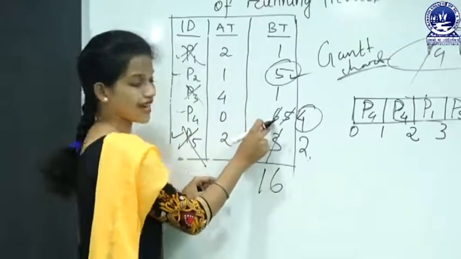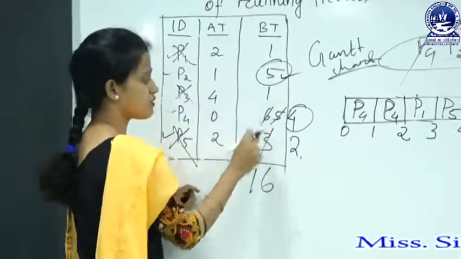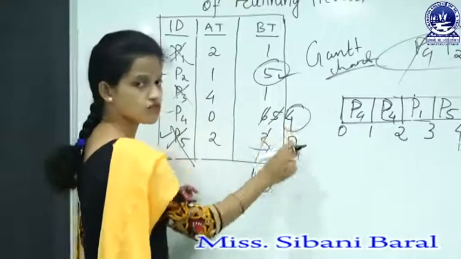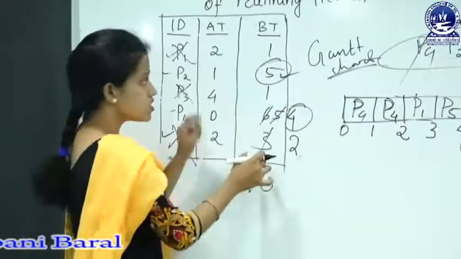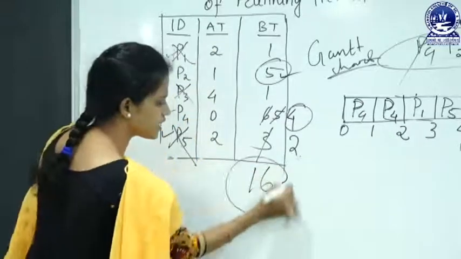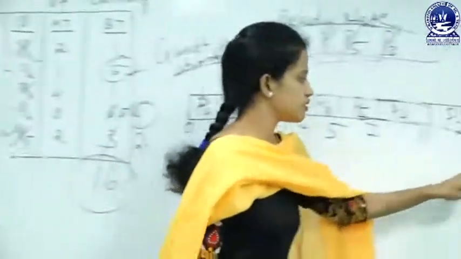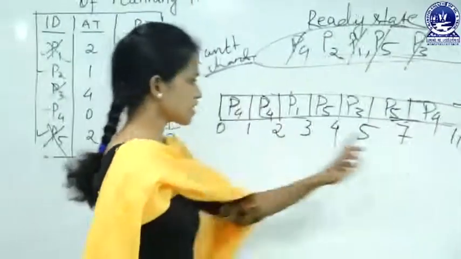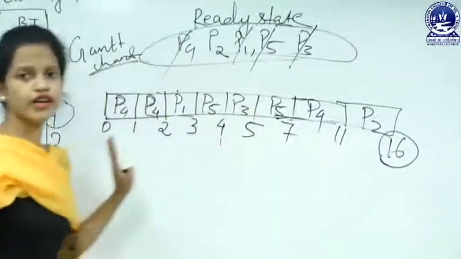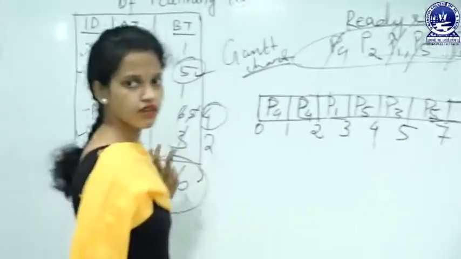Take the actual burst times, 6, 5, 3, not 2 or 4, because those are the remaining times. The sum of actual burst times is 16, and the final execution time of the CPU is also 16, the same. I already mentioned this in the previous lecture, so take care of it.